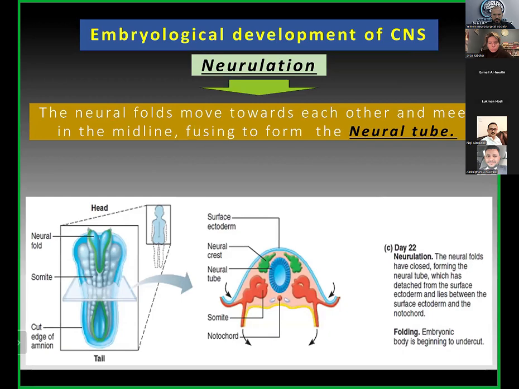This neural tube is formed or closed early at the midline, at the middle part of this tube, and then proceeds proximally and distally to close the whole neural tube. Also, as we see in this diagram, the green color cells are the neural crest, as we will talk about later.